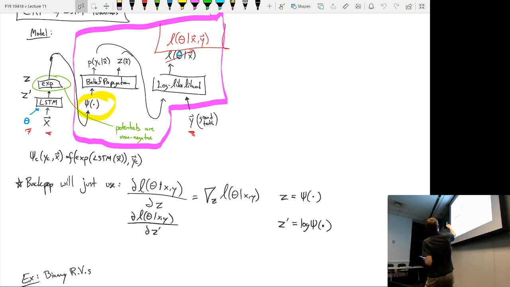What we get out of belief propagation are marginal probabilities that tell us the probability of each y variable taking on its different possible values. So finally, we can use those marginal probabilities or this partition function in combination with y, the ground truth, to actually compute the likelihood of the data.